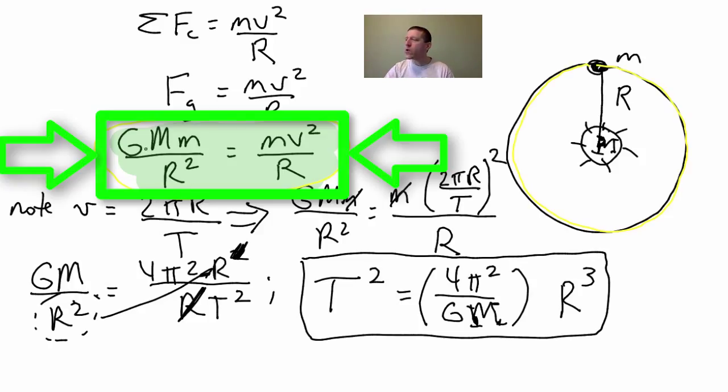This equation, equating the force of gravity and the centripetal force, will solve a whole chunk of these problems. If you realize that the centripetal force is being provided by gravity, I would say maybe a quarter to a third of all these problems can be solved using this relationship right here.